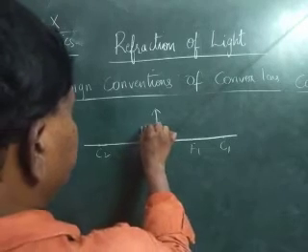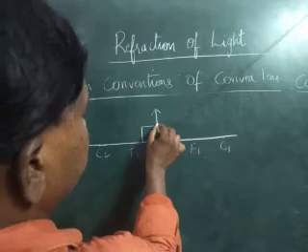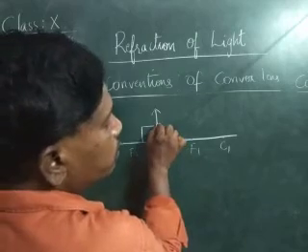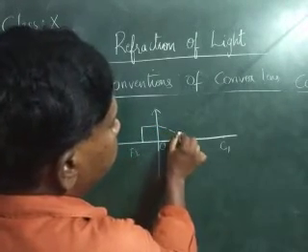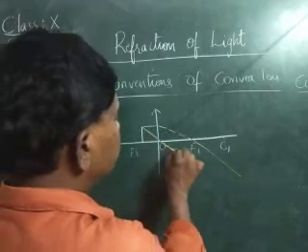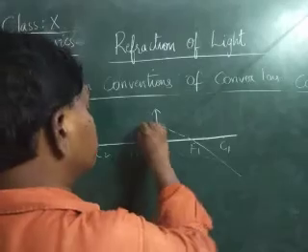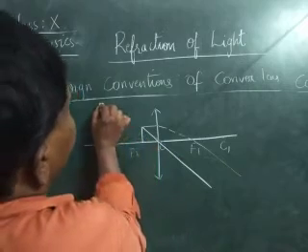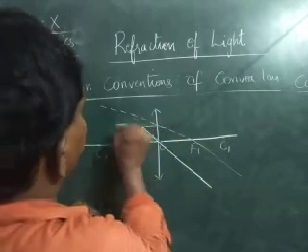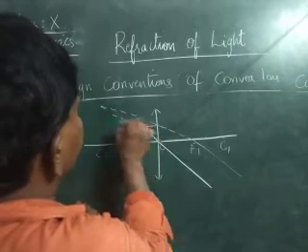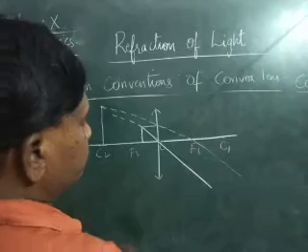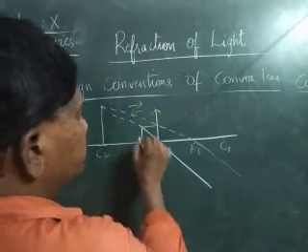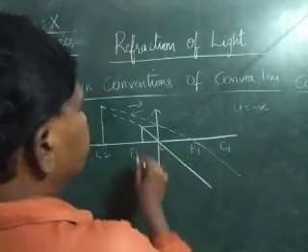Here, this is the incident light, u is this side, u is negative.